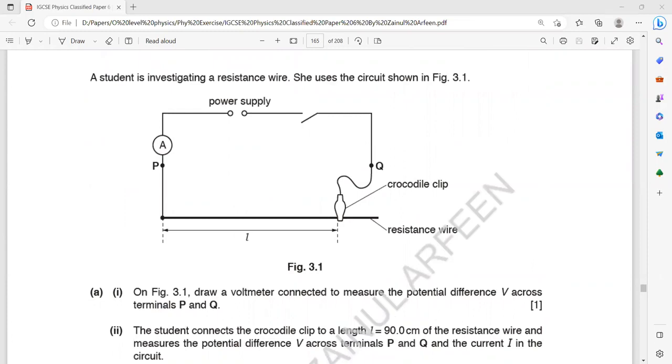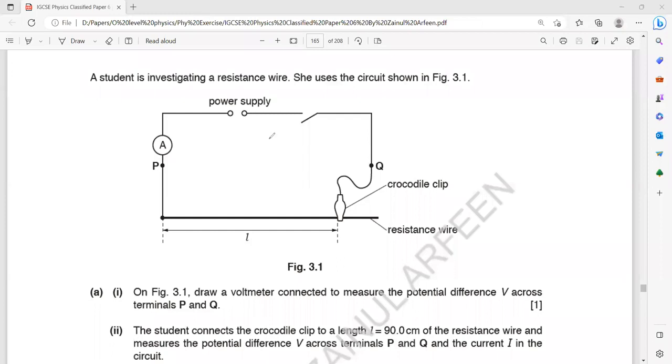The answer is related to the circuit. When you look at this circuit, yeah, that's right. The crocodile clip. Because what happened, the student may not place the crocodile clip exactly. The placement, yeah, that's the right answer. The placement of the crocodile clip, or difficult to judge the exact position of a crocodile clip.